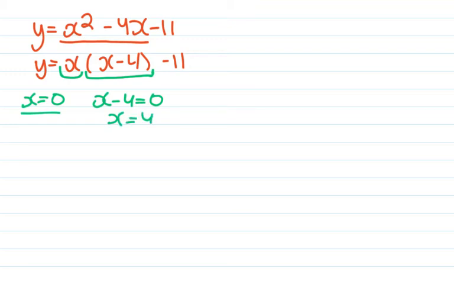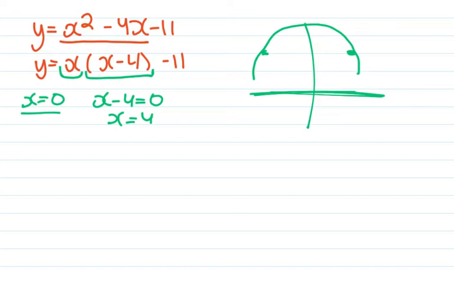Now, these two we can treat like the zeros, because on our graph, they might not be on the x-axis, but they're going to be across from each other with the axis of symmetry down the middle. So they're still going to be the same distance away from the axis of symmetry.